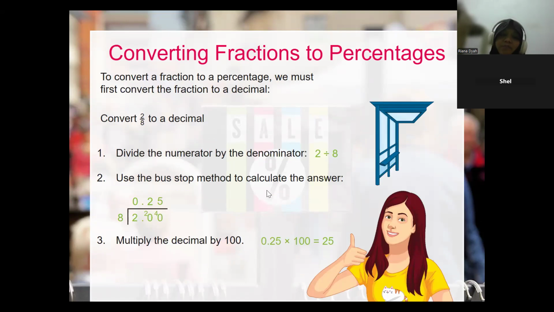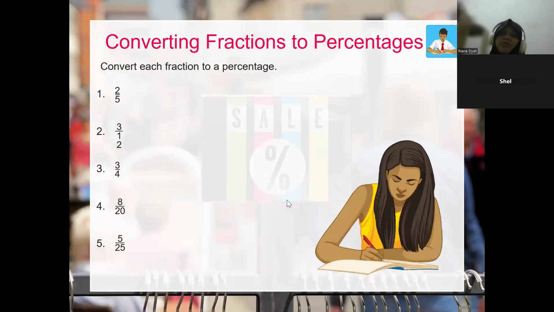And then use the long division method to calculate the answer. So it's going to be, for example, 0.25. And then multiply the decimal by 100. So it's going to be 25%. That's all. So now, you need to do all of it. So first, you need to divide it. 2 divided by 5. And then times it with 100.